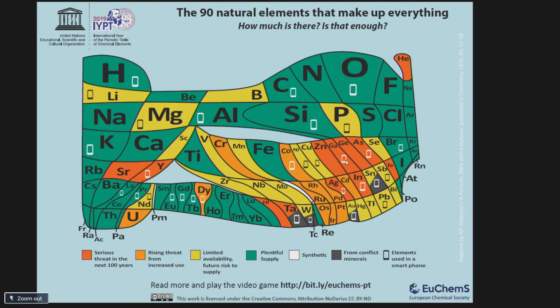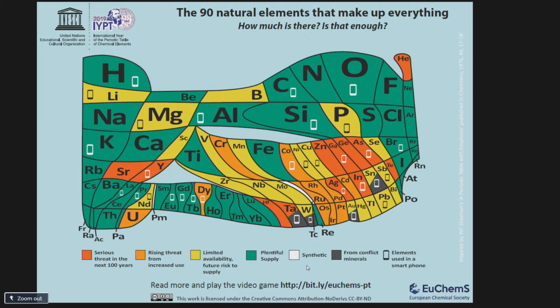You can also see which of those elements are used in cell phones. The boxes in red are in serious threat of running out in the next 100 years. So your children and your grandchildren may have trouble getting the cell phones they need because of the elements being missing. The orange boxes are a rising threat because the use of them has gone up so much, and so forth.